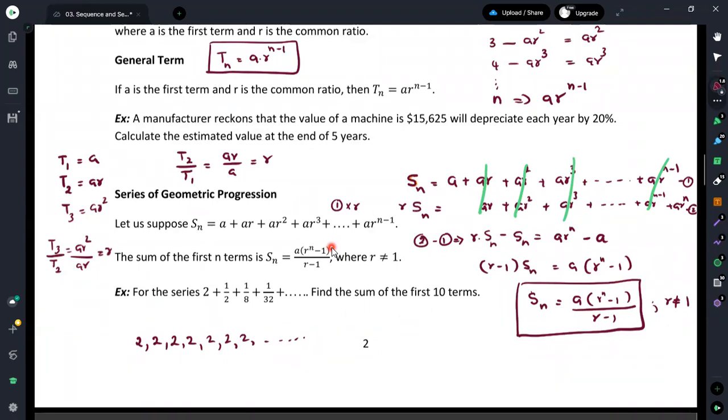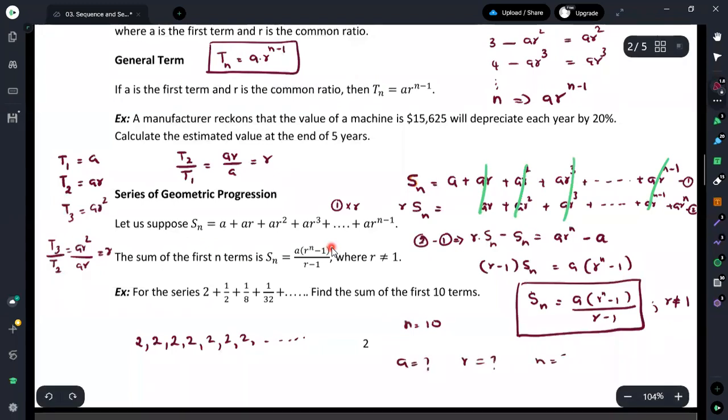Therefore, if you are going to find the summation of n terms, or the first 10 terms, then we know that the value of n is equal to 10. In this equation, we need these values: what is the value for a, what is the value for r, and what is the value for n. Okay, now we will move to this example.